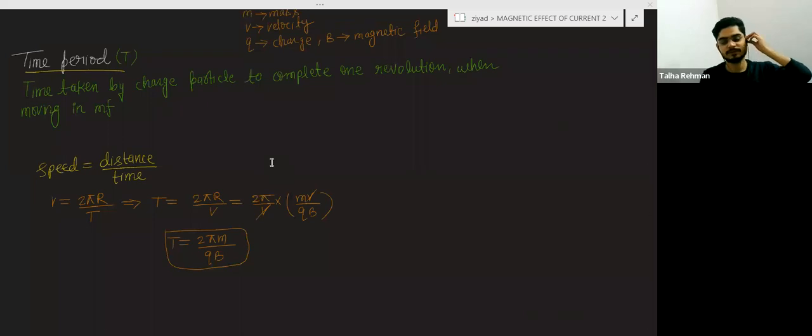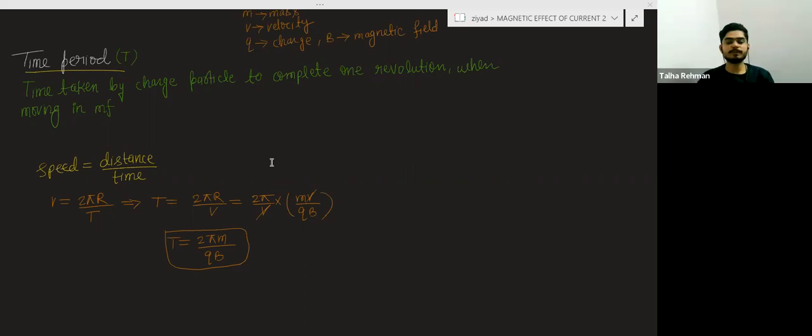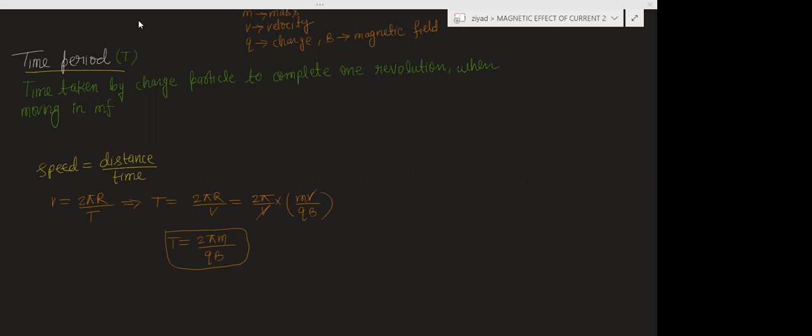Completed. So now when the charged particle is moving parallel to the magnetic field, what will be the path of the charged particle? When parallel to the magnetic field. Sir, can you repeat, sir?